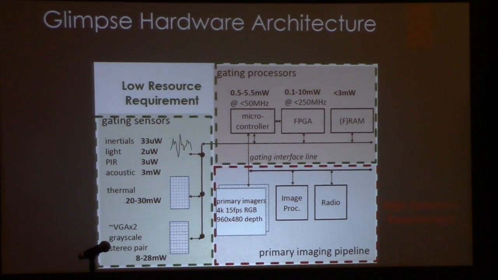It also has a very low power FPGA that is responsible for performing intense tasks, and a microcontroller that provides an easily programmable platform for the application developer to decide if the scene is interesting or not. Finally, based on the decision made on the gating board, the primary imaging system, the high resolution, high power system, will be triggered and will start recording.